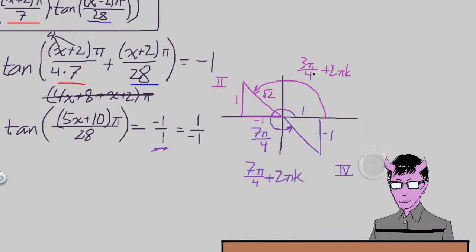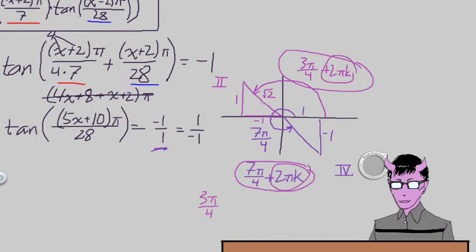But in order to be succinct, we can capture those two in one whole answer. So rather than having 2 separate ideas as answers, we can instead just keep one of those. We're going to keep the smaller one. So rather than report 7 pi over 4, we're going to report 3 pi over 4. And because we're not doing full coterminal angles to get to the next one, we're just adding half of a full circle, which is plus pi.